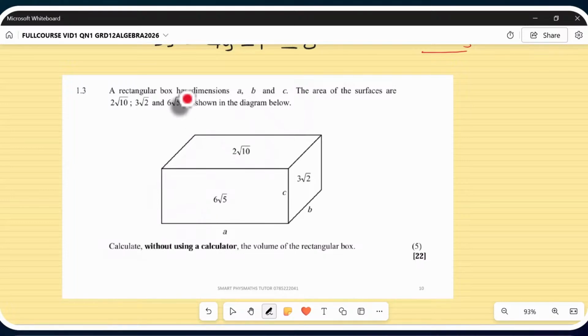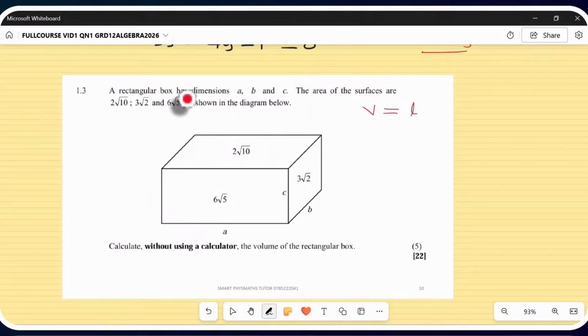Now my A times C is equal to the front surface, so it is 6 root 5. Are we together?